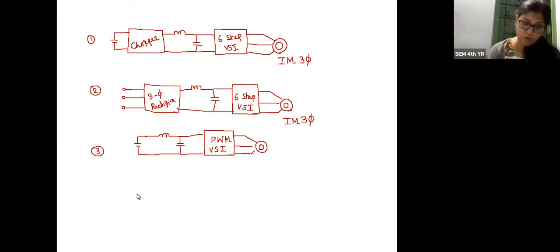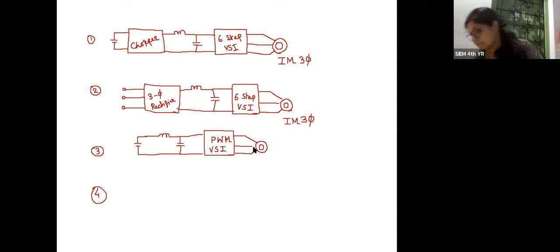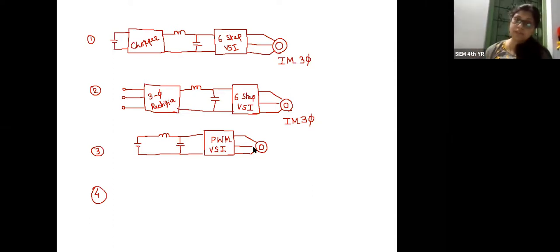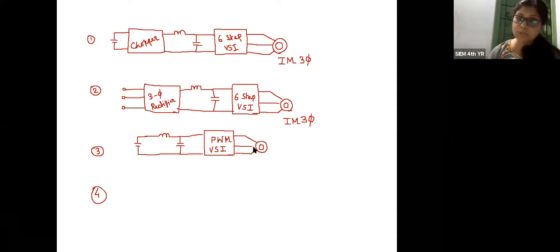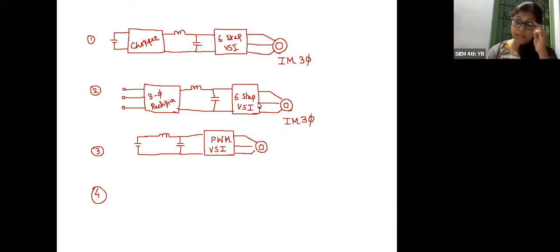Next is number four. Suppose instead of using a 6-step VSI, we want to use a PWM, pulse width modulation, voltage source inverter.